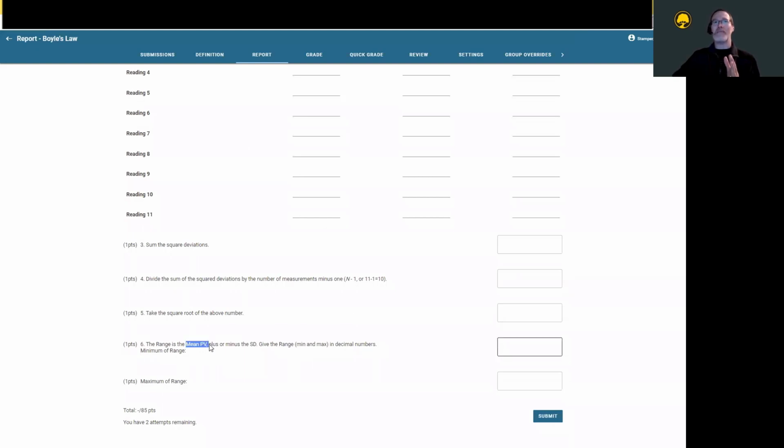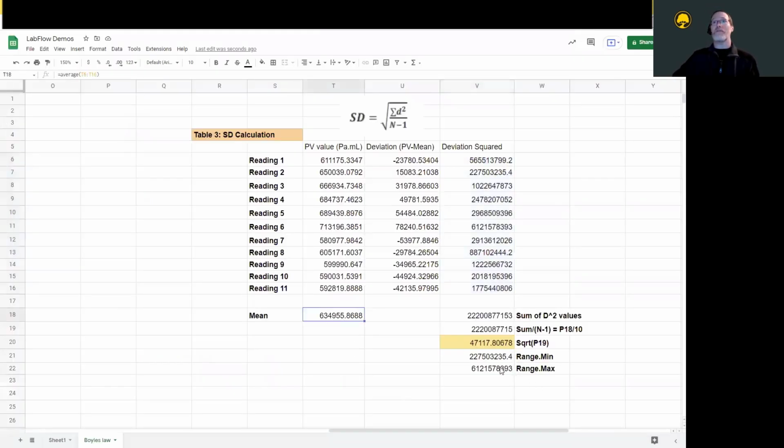The range is the mean pressure volume number plus or minus the standard deviation. That's what I just said. So let me fix these and answer the question they're asking. I would do my 634,000 average minus my standard deviation, and then the same thing, my average plus my standard deviation. Those would be the numbers I would put in for minimum and maximum.